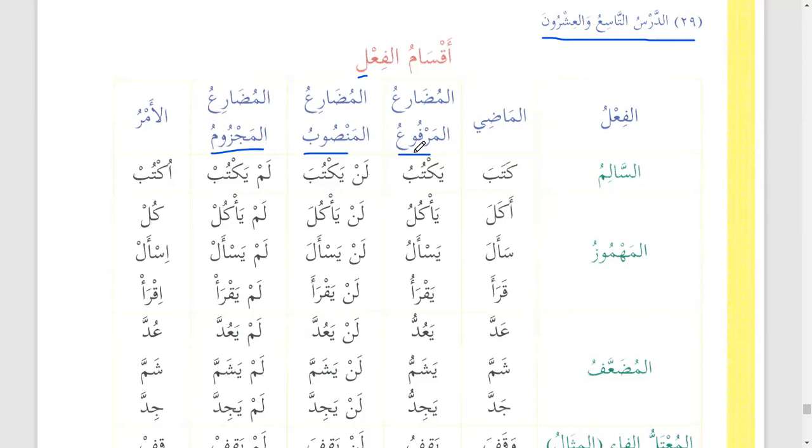For example, we say Muhammadun, and a noun can be mansub like Muhammadan, and a noun can be majroor, Muhammadin. The difference between the verb and the noun is that in the verb we have al-marfu', which is like with dhamma, al-mansub, which is with fatha, but we don't have al-majroor, we have al-majzoom. And al-majzoom jazm means cut off, like something that has been chopped, as we know that.